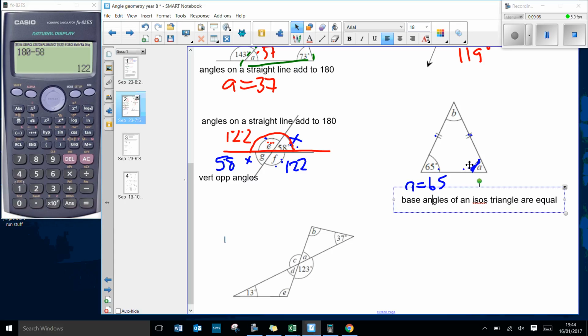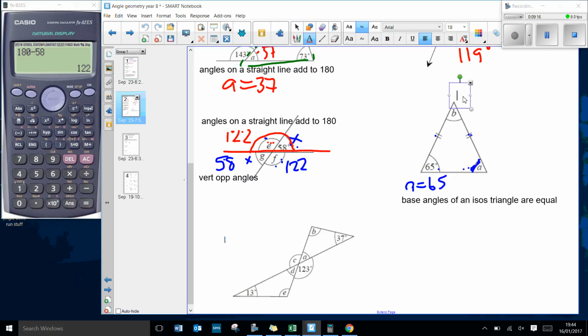Now we need angle B. Well, our reason is angles in a triangle add to 180.